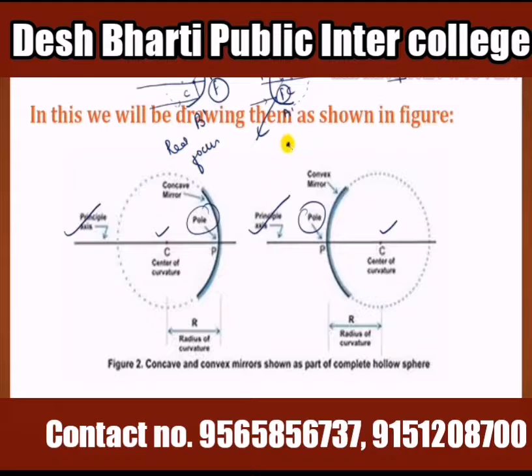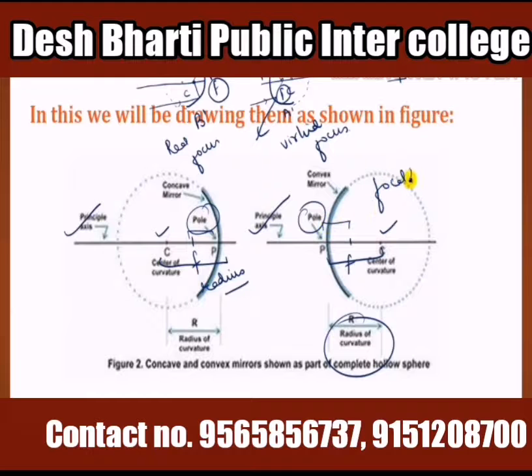So real focus and virtual focus; some people say focus and some say focal point. The distance between the pole and the focus is known as the focal length, and the distance between the center of curvature and the pole is known as the radius of curvature.